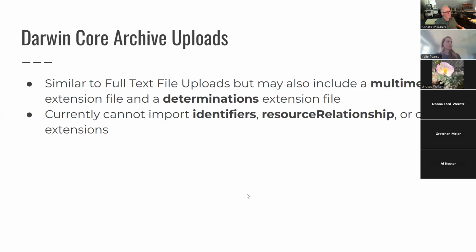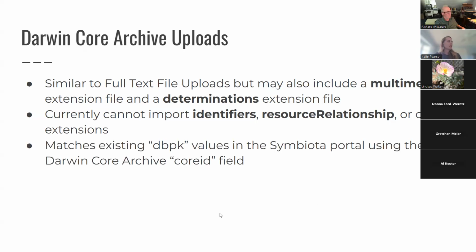The functionality is a little bit limited. And similar to snapshot data sets, because most of the time these are snapshots, it's going to try to match the DBPK values to whatever is your core ID value in your Darwin Core Archive.